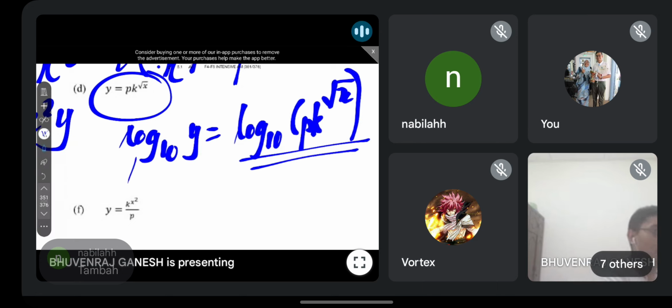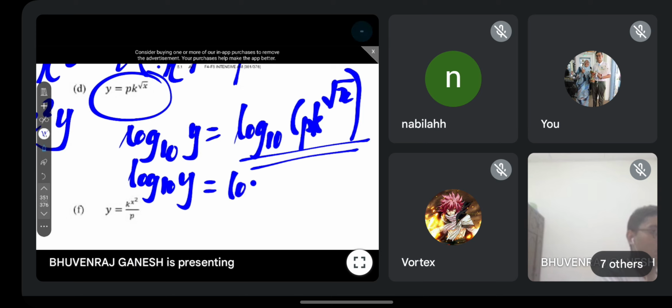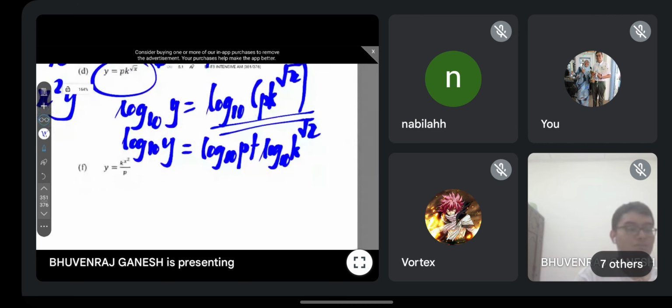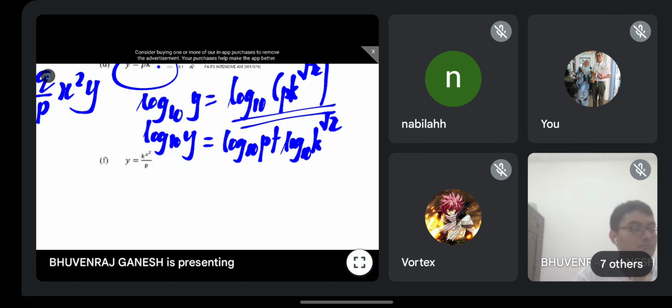Yes, tambah. Kalau darab maksudnya tambah. So log 10y is equal to log 10p plus log 10 k square root x. So now guys, what can I do over here? Apa saya boleh buat?